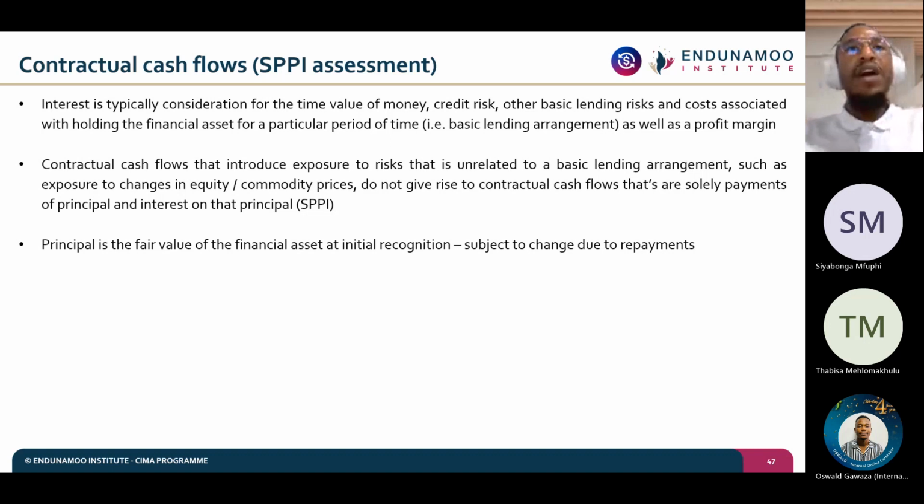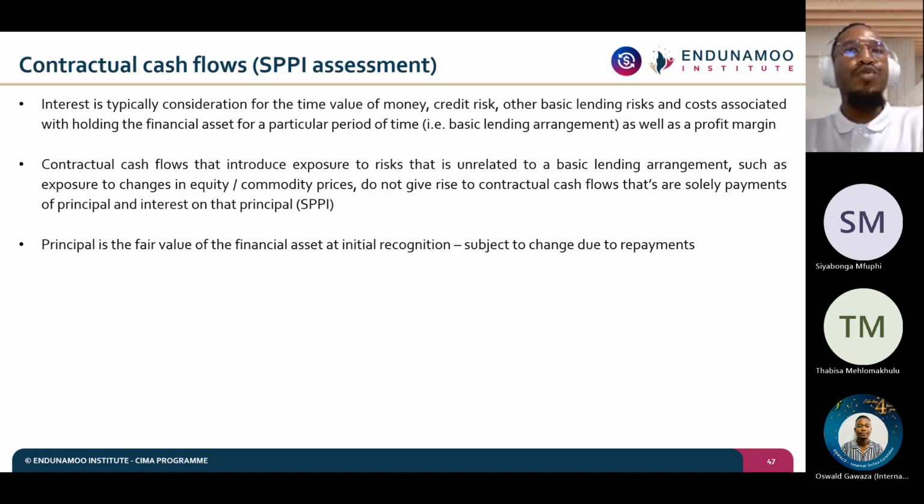Meaning, these payments are made contractually, number one, but they are compensating the person who is owed the money for the time value of money, as well as the credit risk and other basic lending risks and costs that are associated with holding the financial asset for a particular period of time, as well as a profit margin.